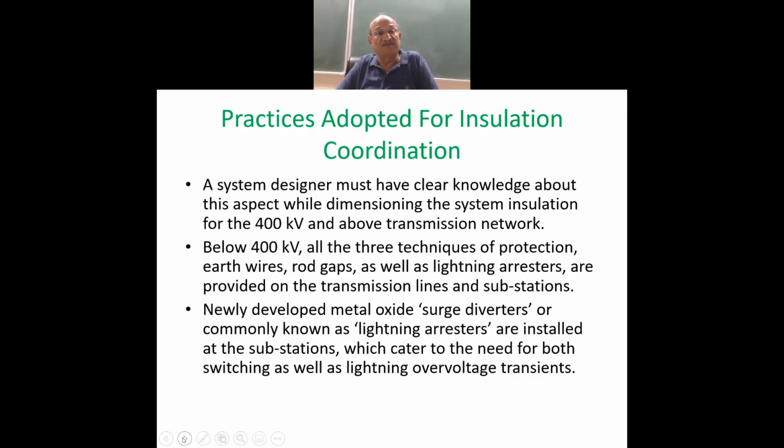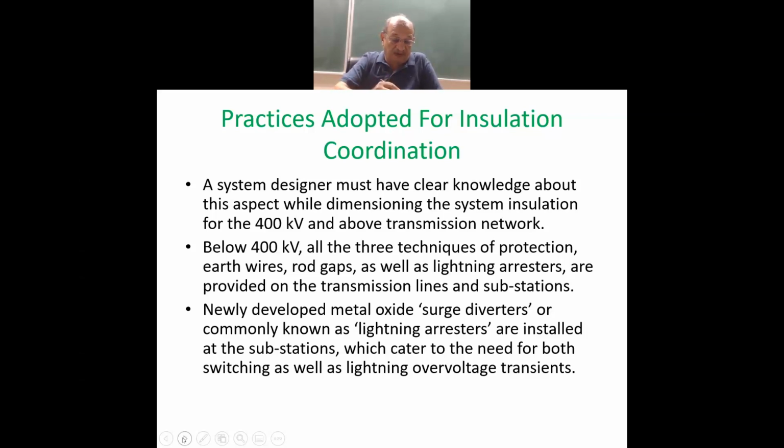The level of insulation provided to all these gadgets is of more concern for us, and that is why the lightning arresters or the surge diverters are installed at the end of the transmission line reaching the substation, or just outside or just at the beginning of the substation. That is the location where these are provided.